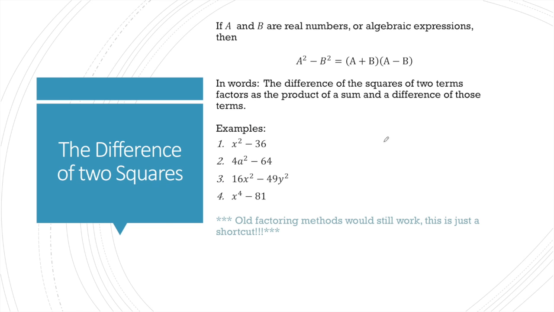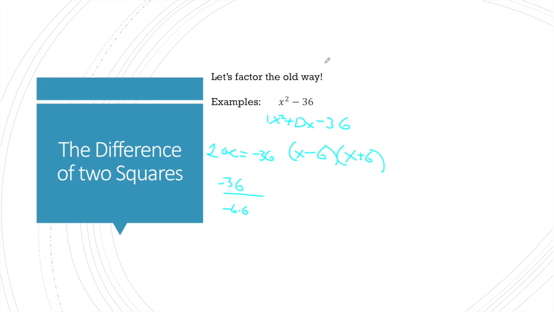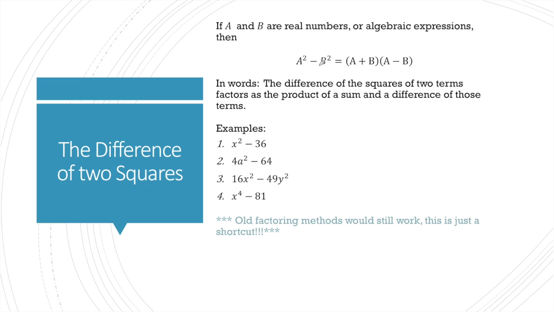So if I have the difference of two squares, so A squared minus B squared, that's always going to factor into A plus B times A minus B. So the first key point is going to be to identify your A and identify your B. So here we have the example we did on the last page.